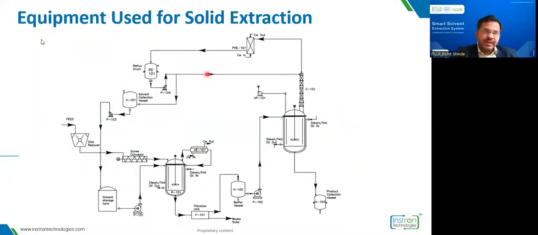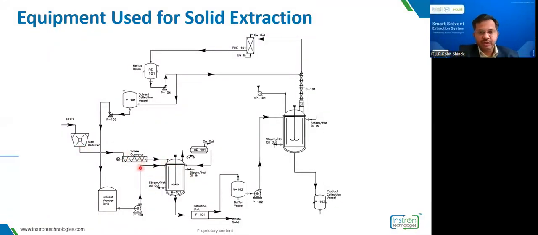Now this is the typical PFD for solid extraction. If you can see, the feed is reduced to a particular size using size reduction and then conveyed to the reactor, or we can say the extractor. Solvent from the solvent storage tank is added into the reactor using a pump. There is also an important factor: the feed to solvent ratio must be maintained.